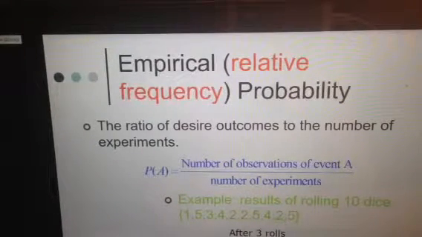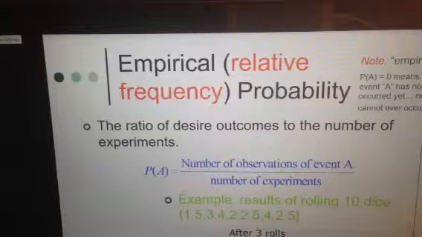After 10 rolls, for rolling a 1, you have 1 in 10 chances. Rolling a 2, you have 3 out of 10 chances. And a 6, you have 0 out of 10 chances. So the empirical, or relative frequency, probabilities can change as the number of experiments changes.